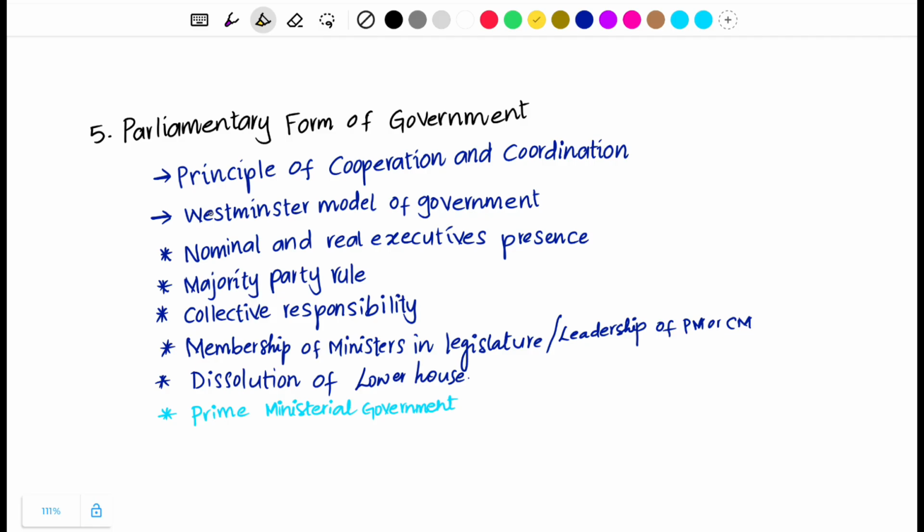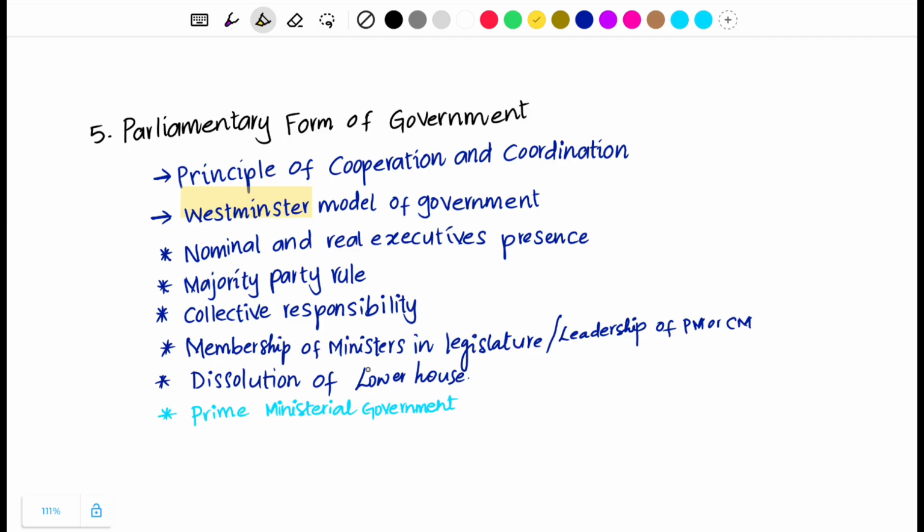from the British Constitution. Westminster is a place in London where the British Parliament is located, whereas the United States form of government is the presidential system of government. In the parliamentary form of government, we have nominal and real executives, the president and the prime minister.